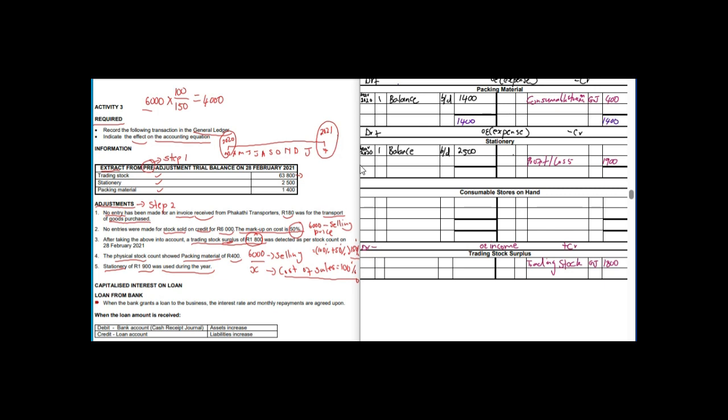What is the difference between the two? It's 1,000. 1,400 minus 400 is 1,000. Meaning what is left is what was used. So we used 1,000 of packing material in our financial year. Then it will go to profit and loss.